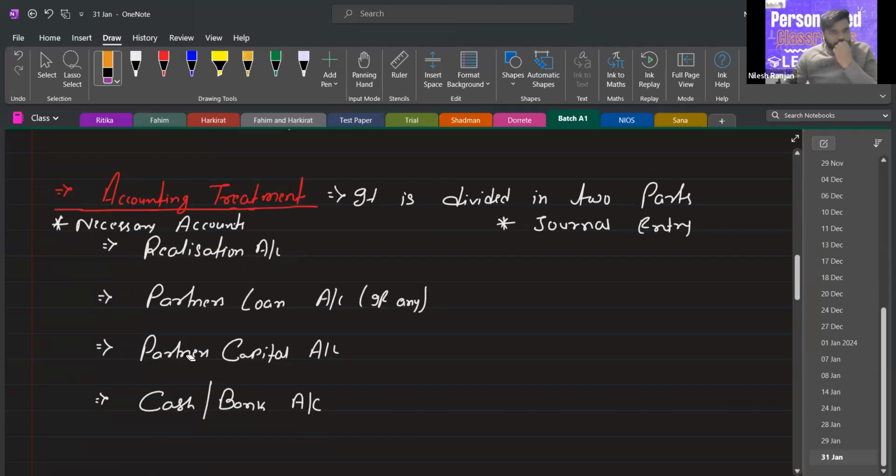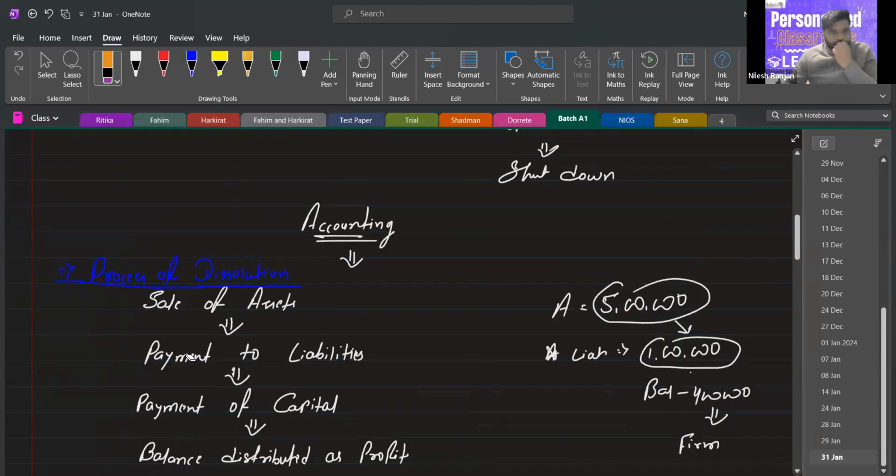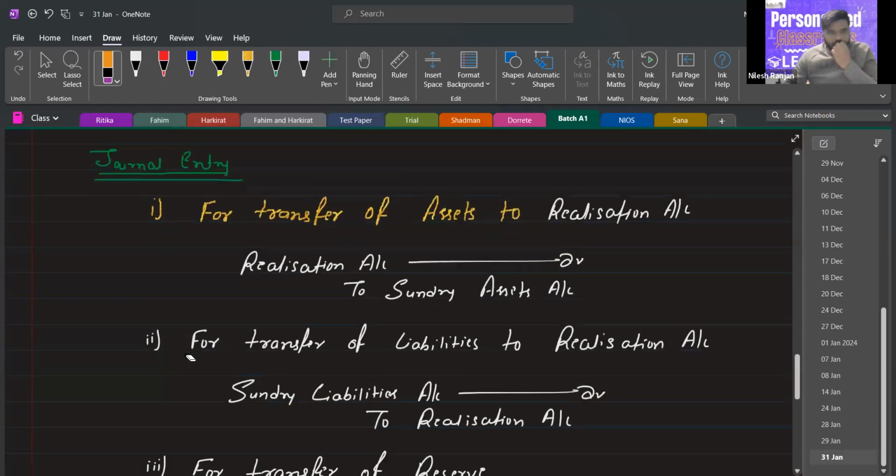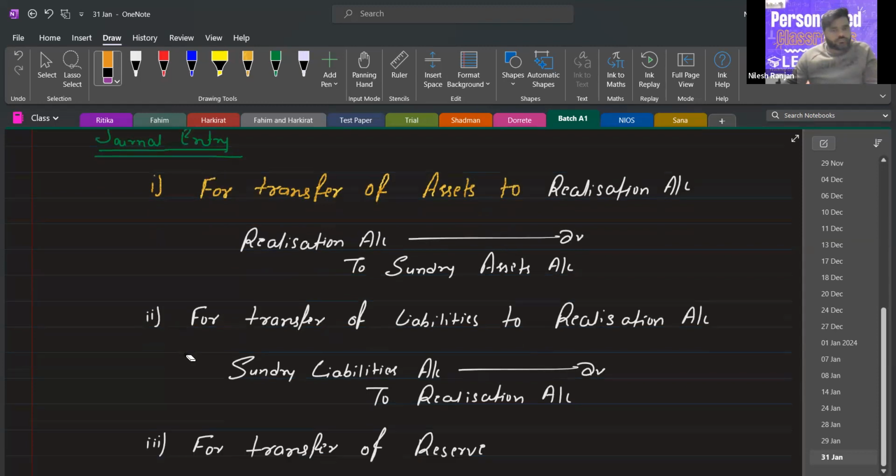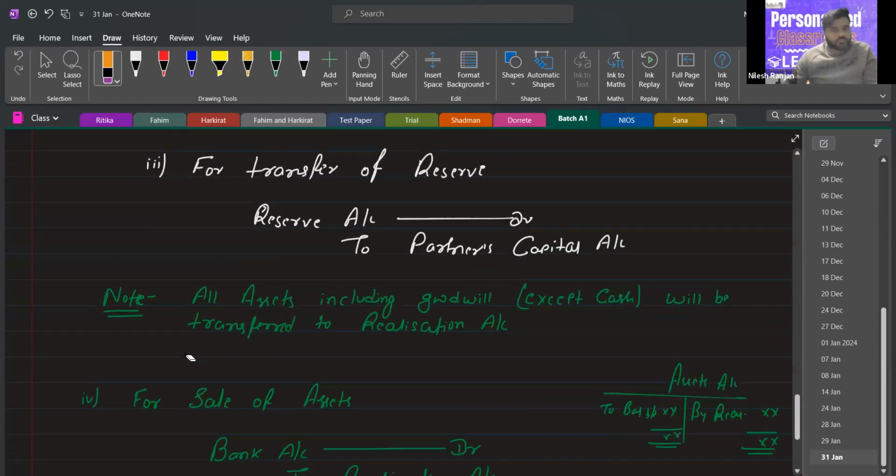So this I wrote. Journal entry. So you can scroll down. Yes, sir.